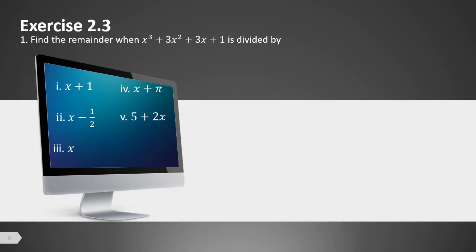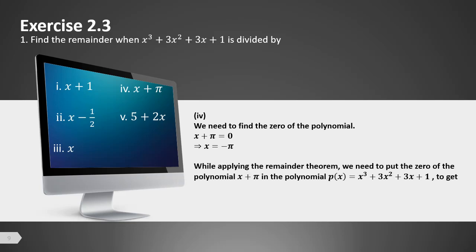Now proceed to the next question. Find the remainder when x cube plus 3x square plus 3x plus 1 is divided by x plus pi. Again, first we find the zero of the polynomial x plus pi. For this, we put x plus pi equal to 0, such that x is equal to minus pi. Again applying the remainder theorem, we put the zero of x plus pi in the polynomial p of x.